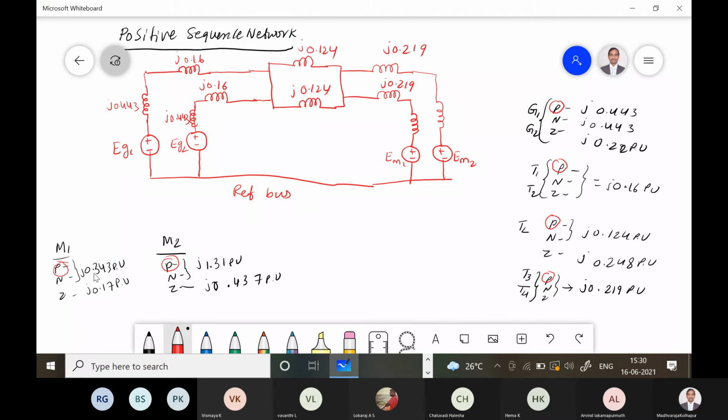For motor 1, j0.343. For motor 2, j1.31. So this is your positive sequence network. Is it clear?